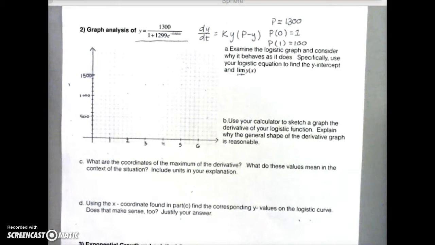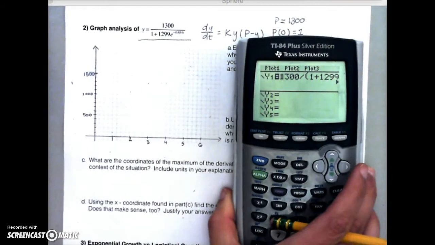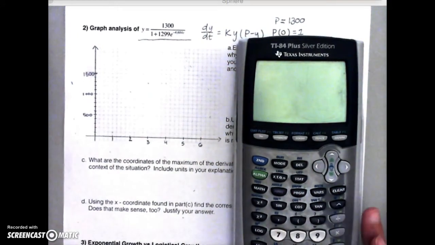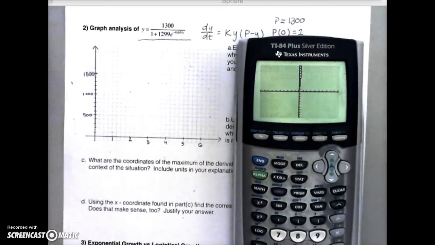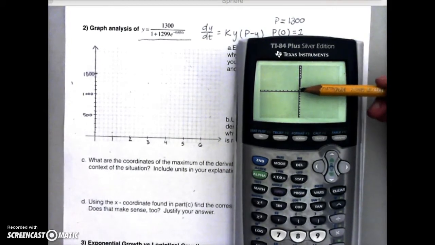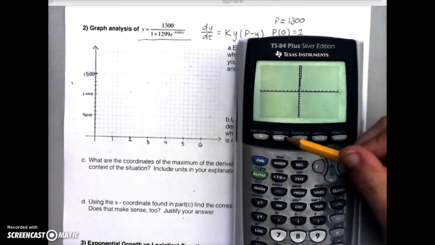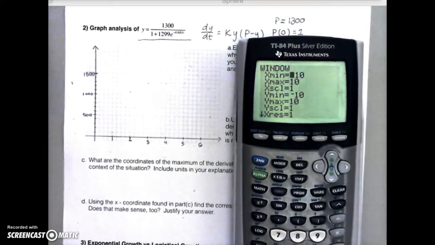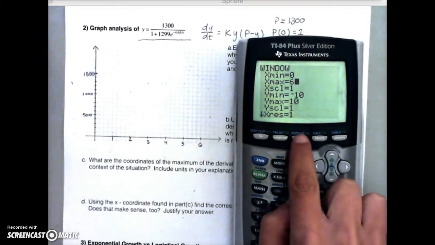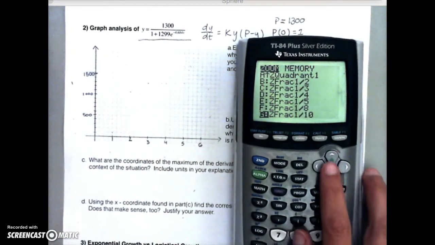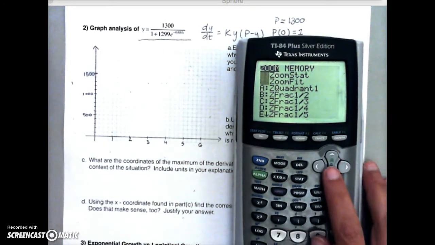So the first thing we're going to do is use our graphing calculator to graph the curve. I typed it in, and when I hit graph, I only got a small little piece of the curve. I don't have a really good idea of what this curve looks like. So I'm going to change my viewing window to 0 for my x min, 6 for my x max, and go zoom fit, so zoom 0.